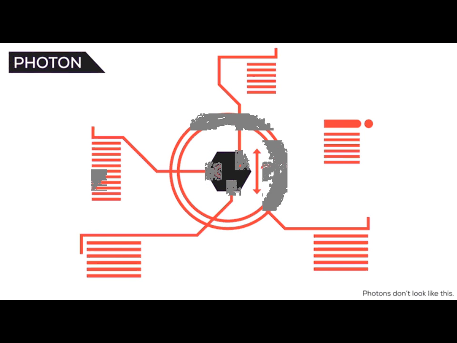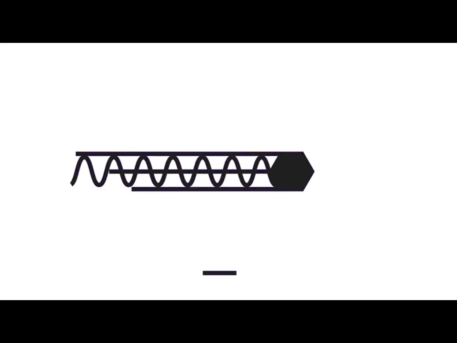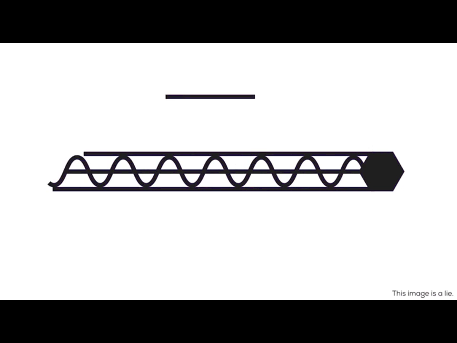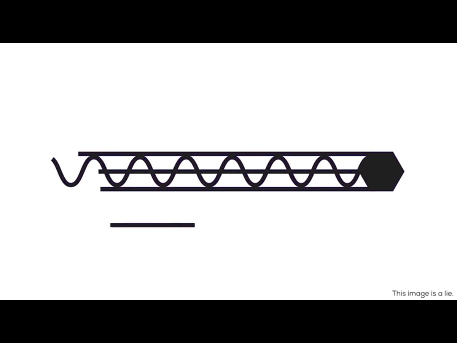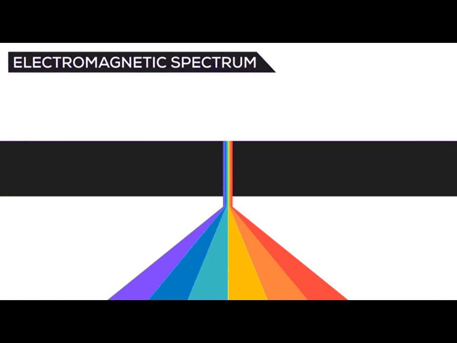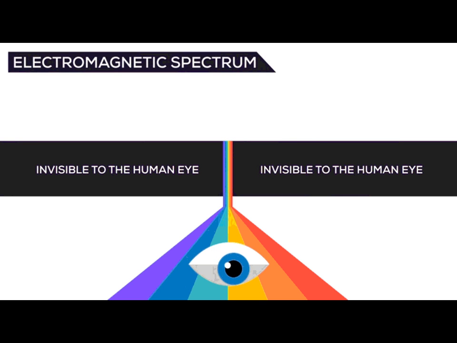A photon, an elementary particle without a real size that can't be split, only created or destroyed. Light also has a wave-particle duality, being kind of a particle and a wave at the same time, although this is a lie. Also, when we say light, we actually mean visible light, which is a tiny part of the electromagnetic spectrum, energy in the form of electromagnetic radiation.